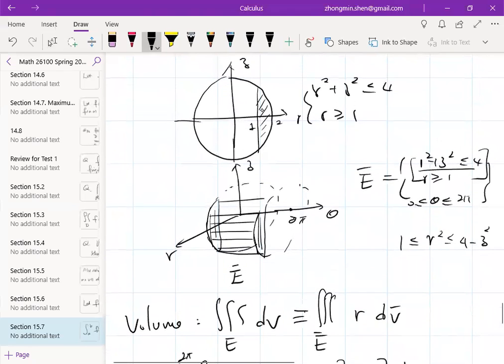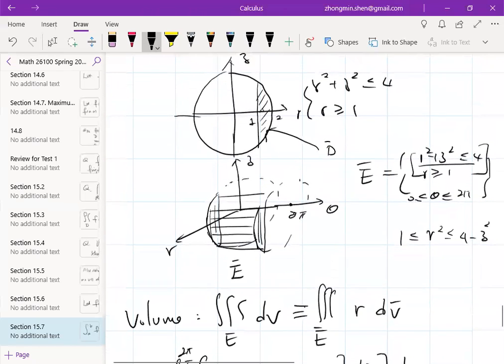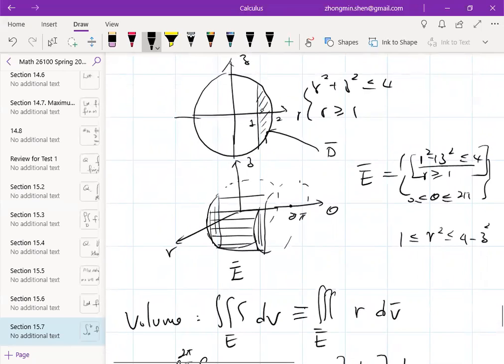How do you evaluate the double integral on this D bar, right? There are a couple of ways to do that. Yeah, you can let Z be between this number, which is when R equals 1, negative square root 3 to positive square root 3, and for each Z you figure out the R value, right?